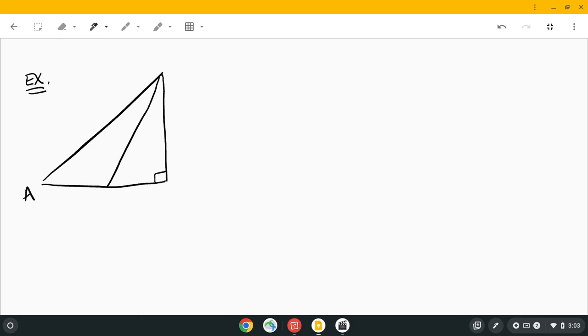Suppose this is A, B, C, and D. Let's suppose this is a 3, 4, 5 triangle, and suppose this is 2, and this is square root 41.